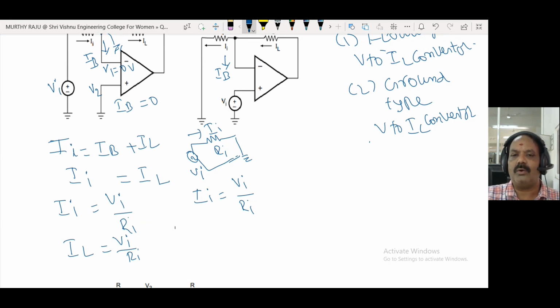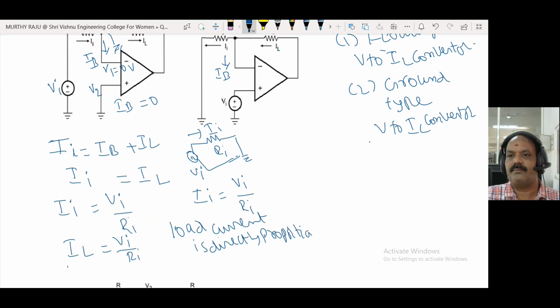Therefore, the load current IL is directly proportional to the input voltage VA.